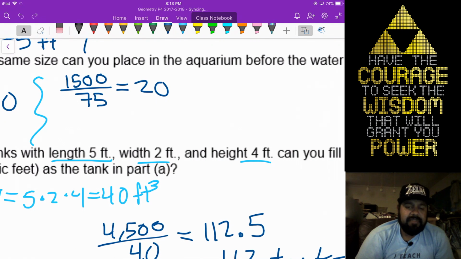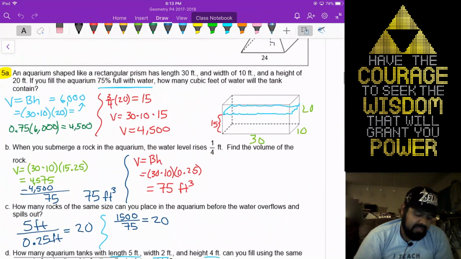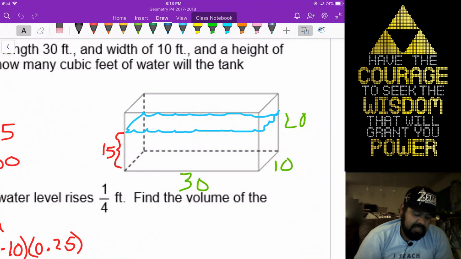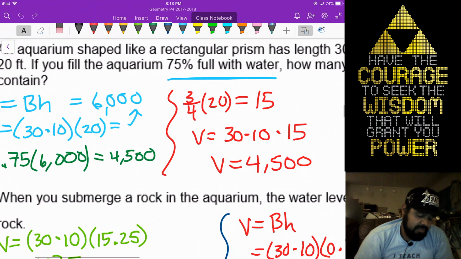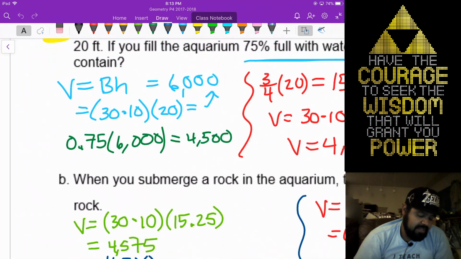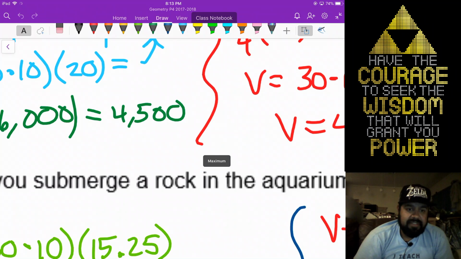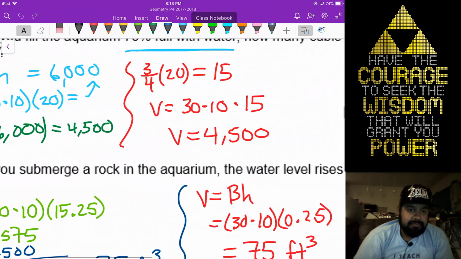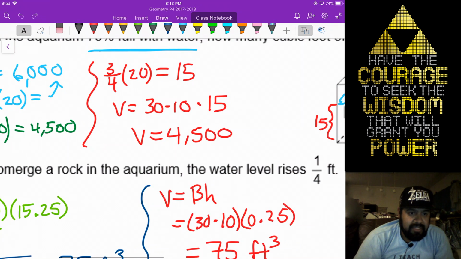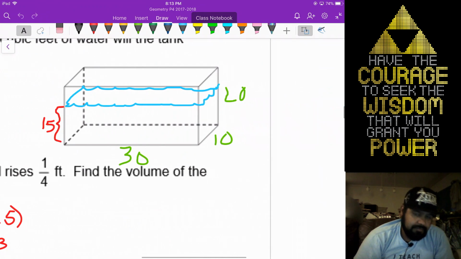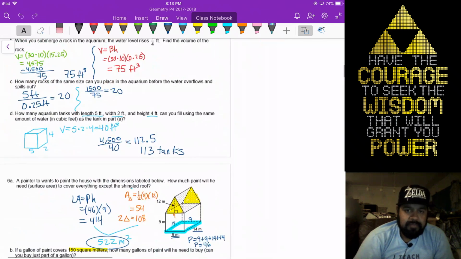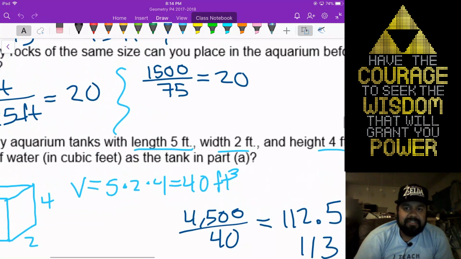Or I could say, well, Mr. T, I have a volume of 75 cubic feet. I have to fill in the space up here. And the space up there is the total volume of 6,000 minus the 75. Yes, Sam Esquibez, I can look at letters A and C. So then I would also get the same thing of 20.